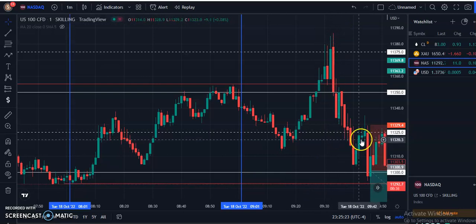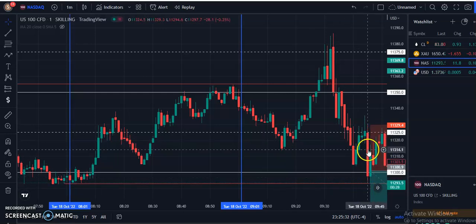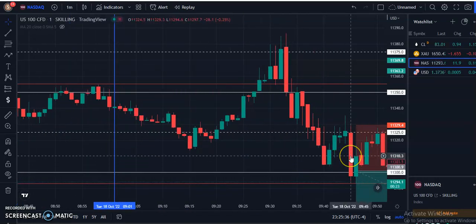So the engulfment came at 9:45, but it was a 25 pip engulfment. So when you see a very big candle like this one, know that the market will go back at least 50%. Most of the time it will go 50%. So entry at 50% of that candle to be on the safe side.